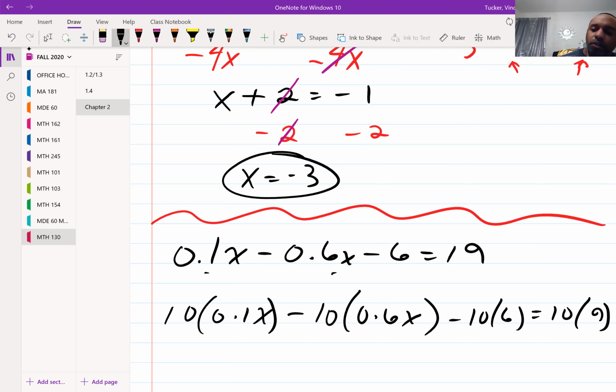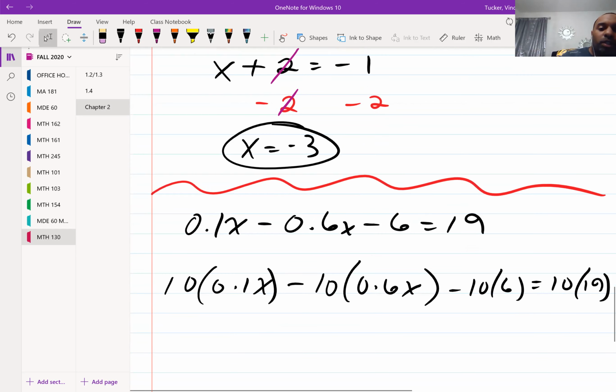So I multiply each term by 10, based on the decimal places that you have. If I had 0.12, then I would be multiplying each by 100. If it was 0.123, then I would be multiplying each by 1,000 because I have 3 decimal places, so 3 zeros. This is the trick you would use to get rid of your decimals.